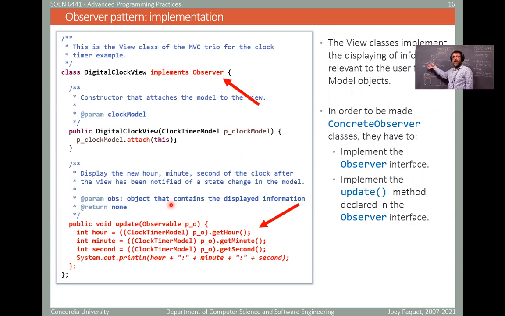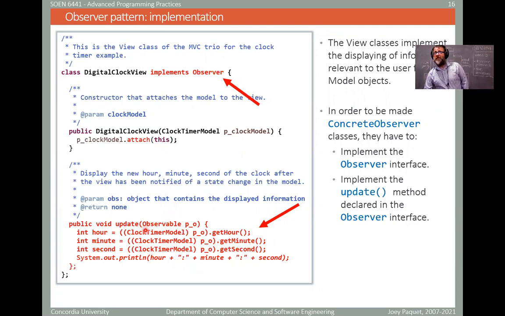So that when the update method is being called here, it has a reference to this object, so it can interrogate this object and extract the state, the information that it wants from this object, and then display this information.